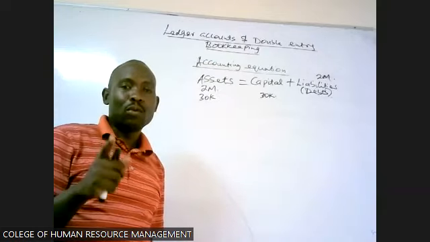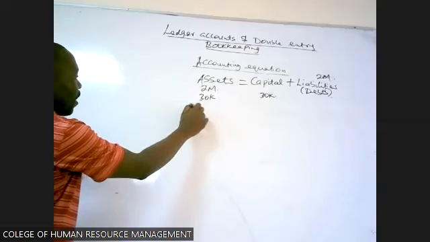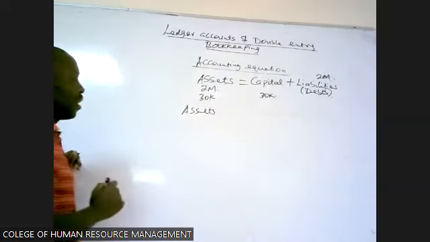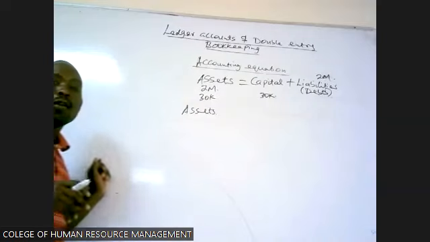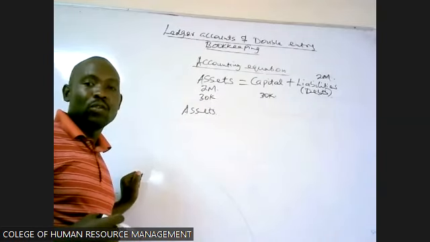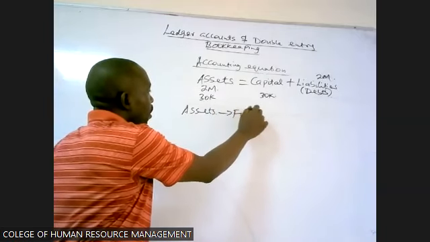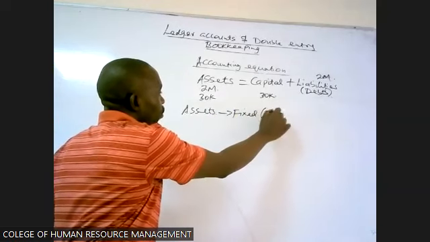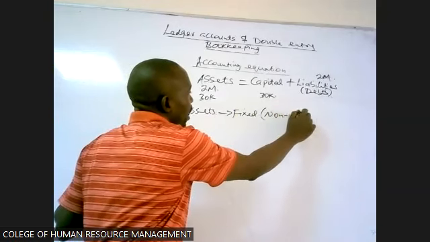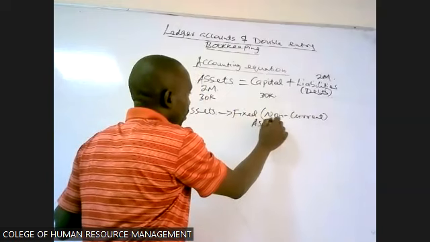After having understood that, then we need to say, these assets that a business is going to own, what categories are they? The assets the business is going to own are classified as fixed, in brackets, we also refer to them as non-current assets.